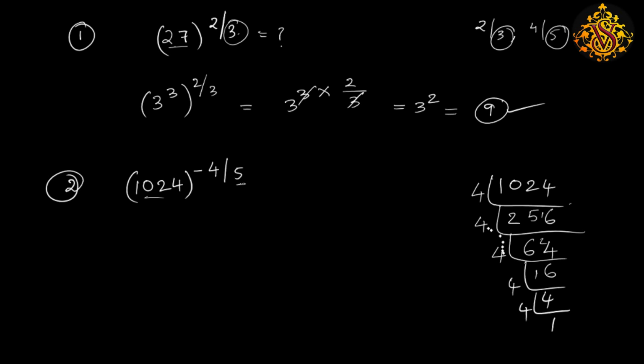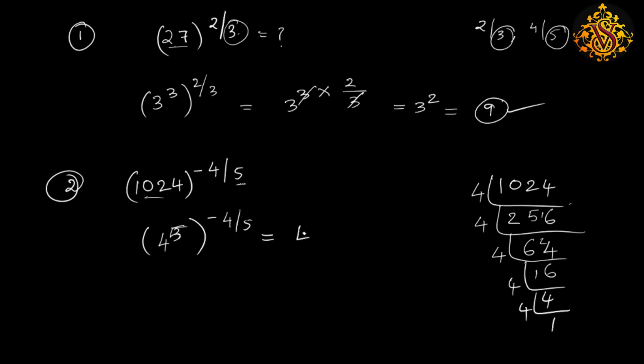So 1, 2, 3, 4, 5. So you see here we have 5. So 4 power 5 is 1024. Okay, 4 power 5 whole power minus 4 by 5.